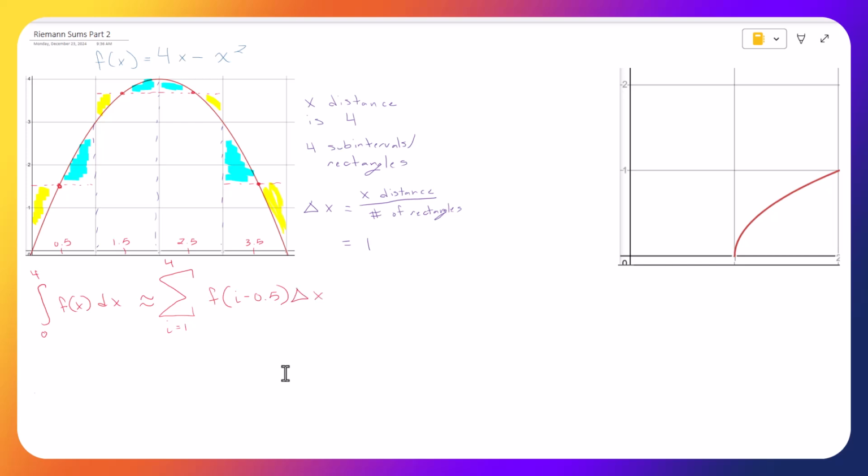Which in this case, our delta x is still just 1. And now let's go ahead and write out what this integral is going to be equal to.